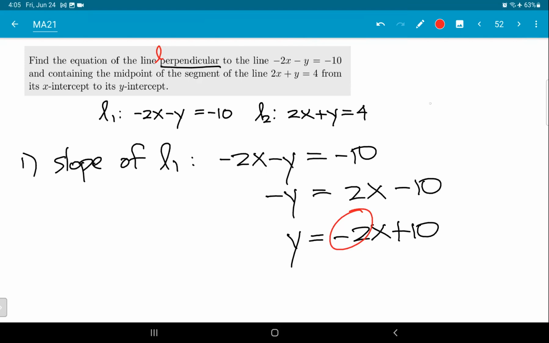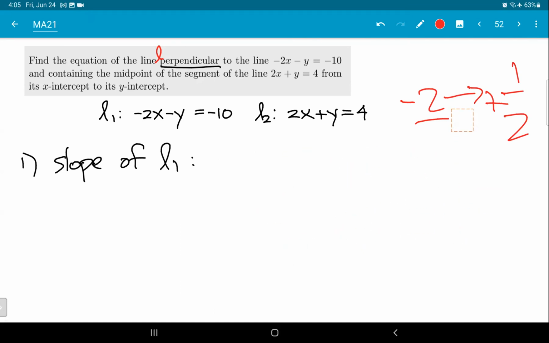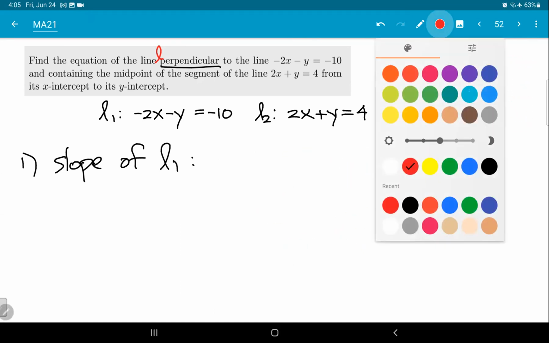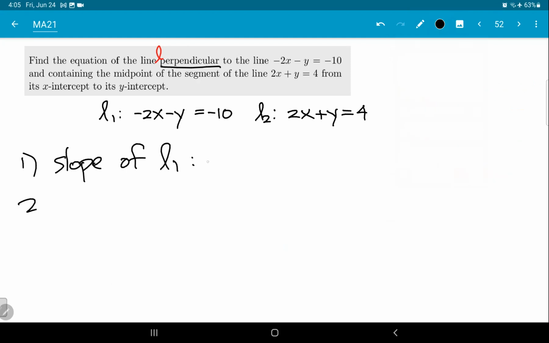So, negative reciprocal. So, -2 yan. So, flip yung -2/1. Change sign. 1/2. Okay, the perpendicular to.